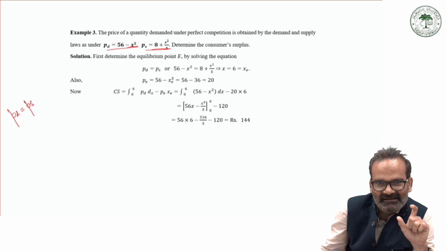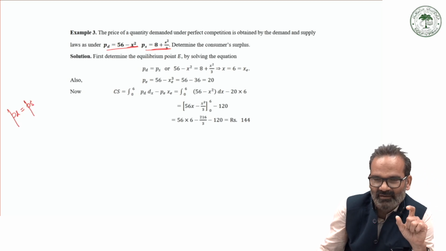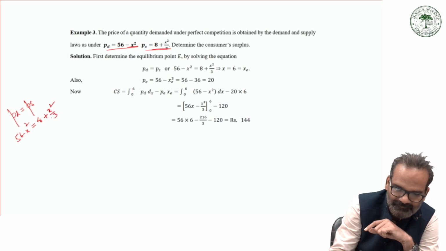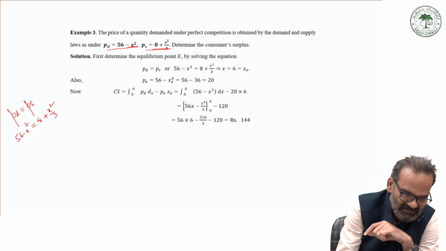This is the basic prerequisite condition under perfect competition. PD is given to you, that is 56 minus x square, this equals PS, which is 8 plus x square by 3. Now simplify these two equations.